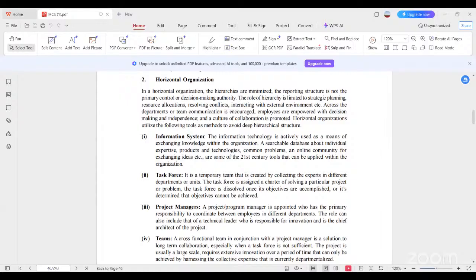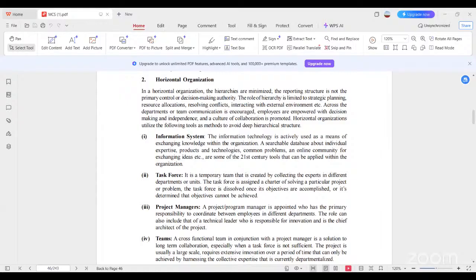Here the hierarchy still exists, but the roles are limited to strategic planning, resource allocation, conflict resolution, and interaction with external stakeholders. The day-to-day decisions are mostly taken by teams and individuals. So this is a structure with very few management levels, where employees work collaboratively and have greater decision-making freedom.